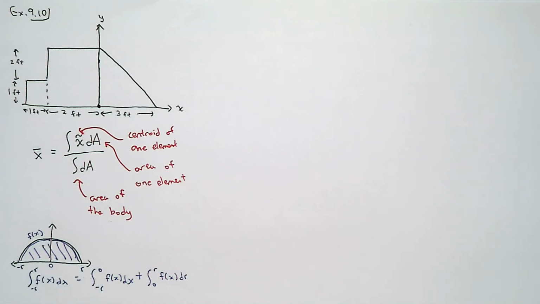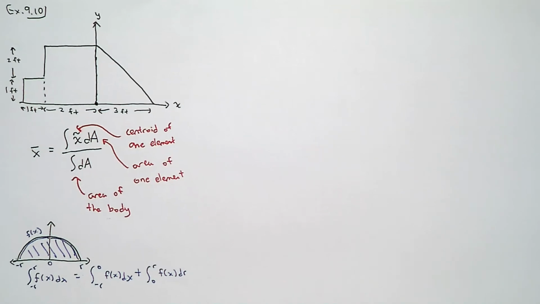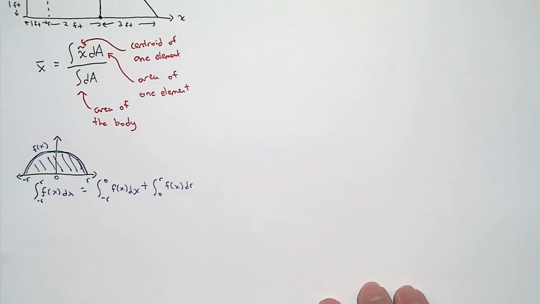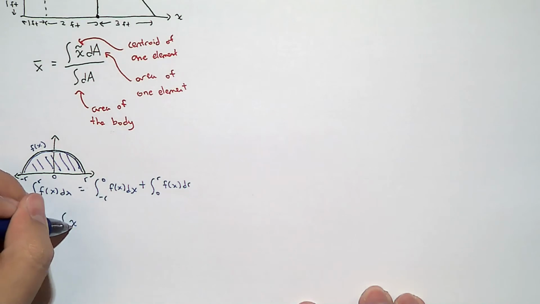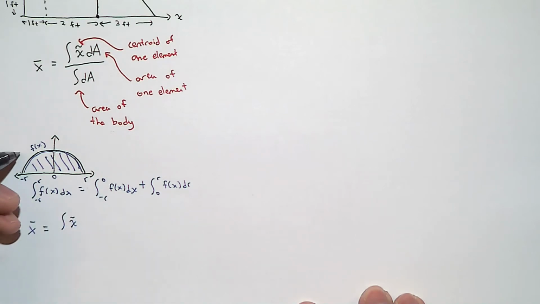So for example, if I wanted to separate this ellipsoid into 2 halves, I could say, just in theory, that the centroid of this ellipsoid, x bar, can be found by integrating x squiggly, and I'm going to call this area 1 and this area 2.